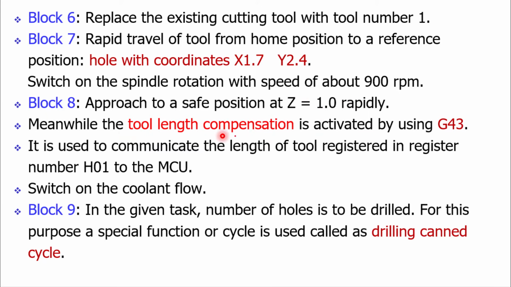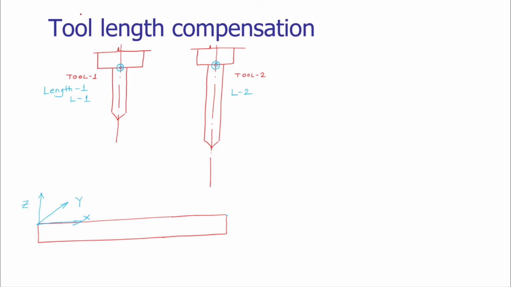And then we need to carry out the tool length compensation by using the G43 command. So let us look at the meaning of the tool length compensation. The tool length compensation is a very important preparatory function or preparatory command which is used for setting up a variety of cutting tools in CNC part programming.